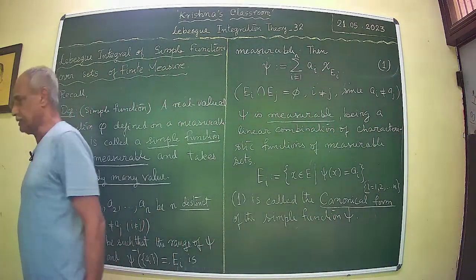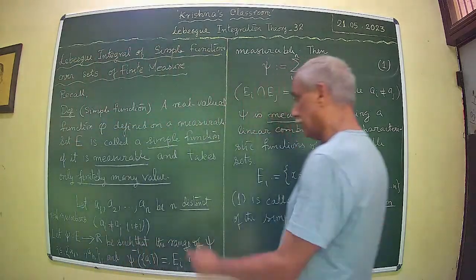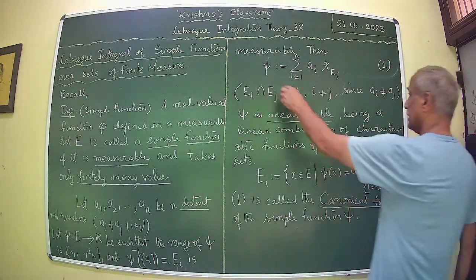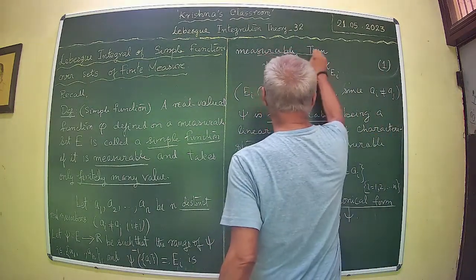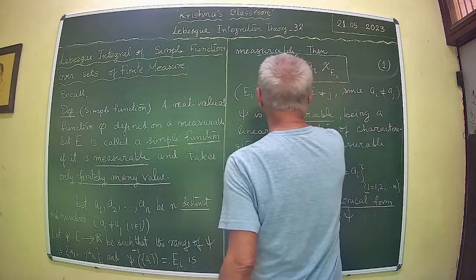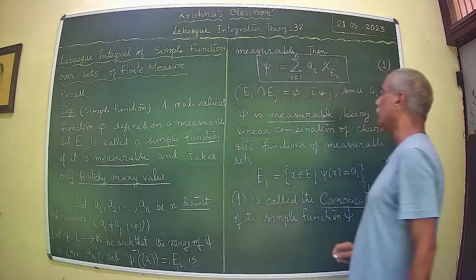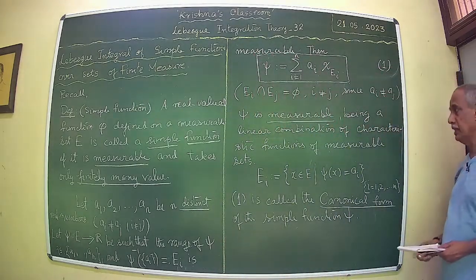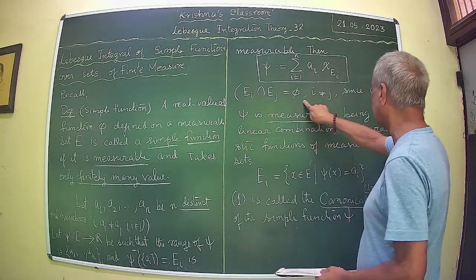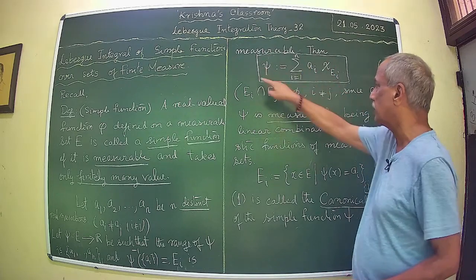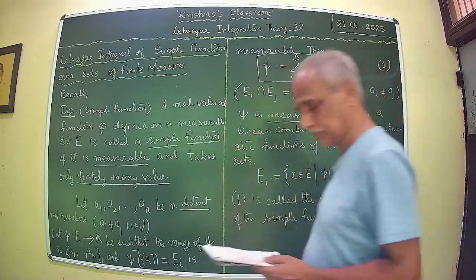Okay, but suppose the representation is such that ai is different from aj whenever i is different from j, then this property is satisfied, and therefore this representation is what you call the canonical representation.